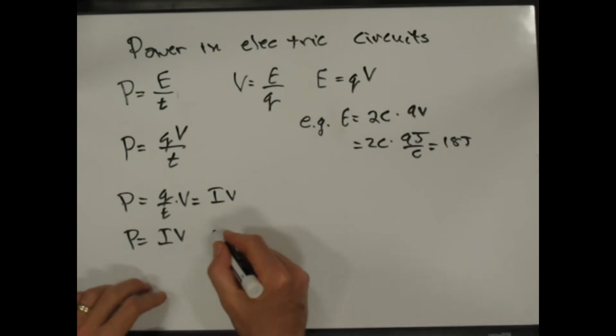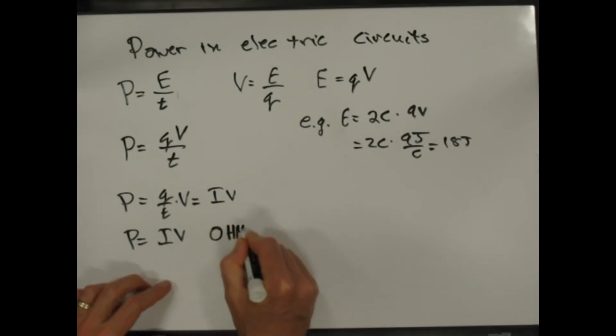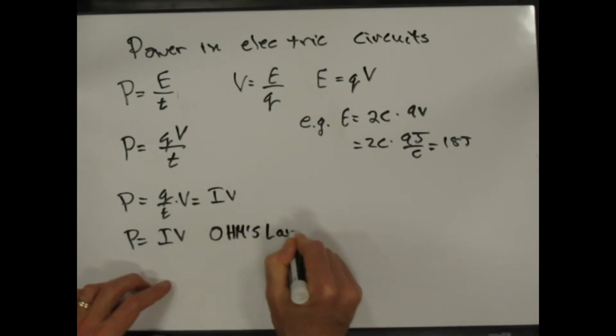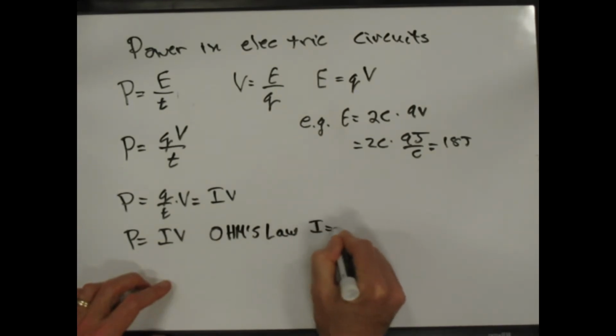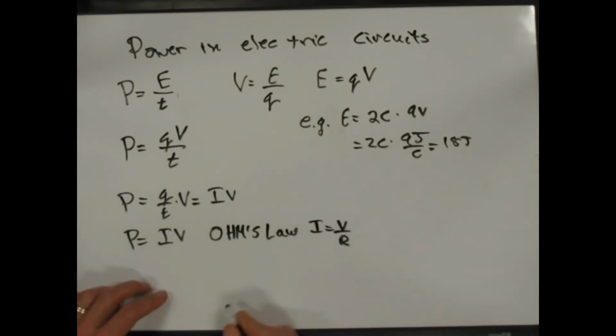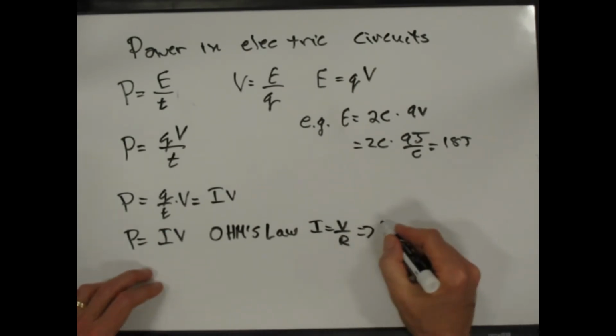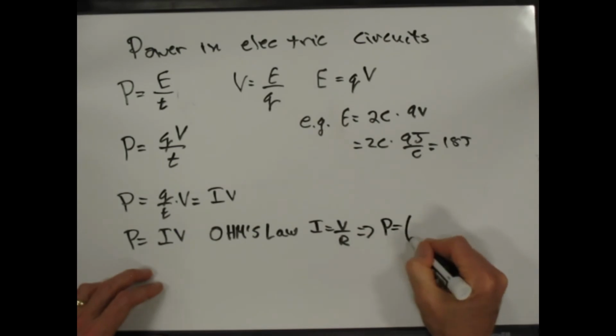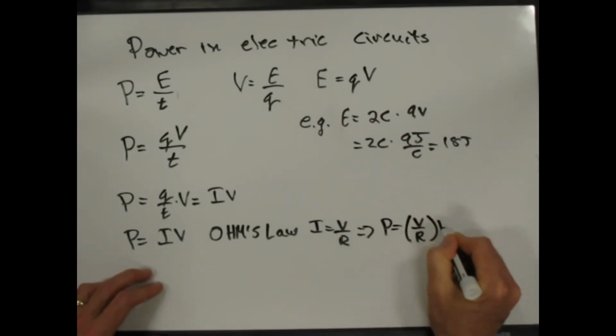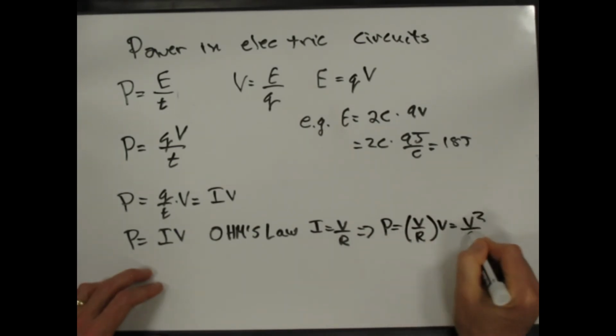And since we have Ohm's law, I can say, look, power is equal to V over R times V, or just V squared over R, right?